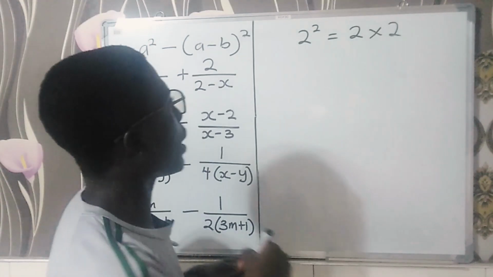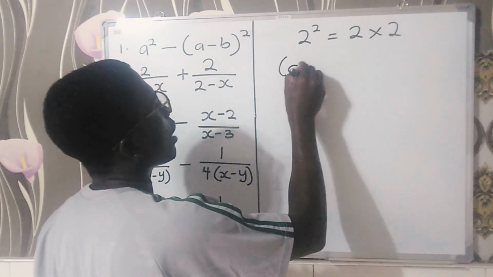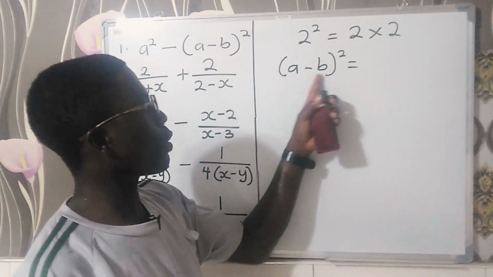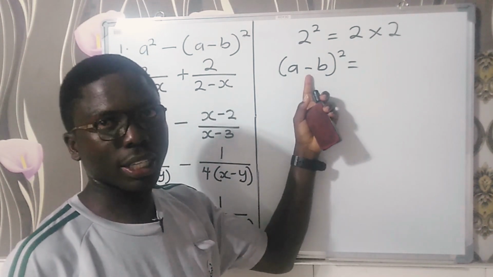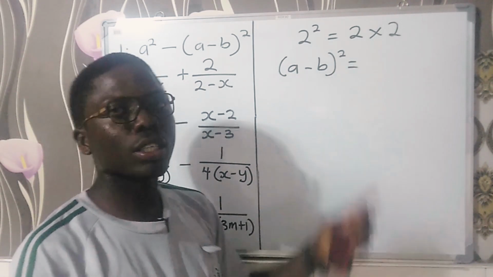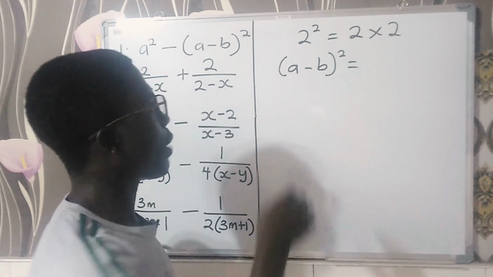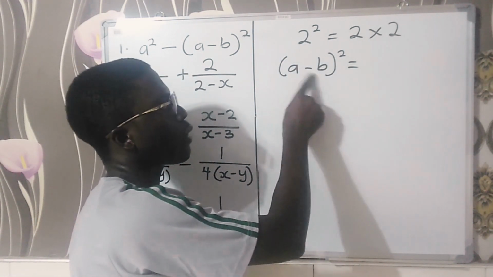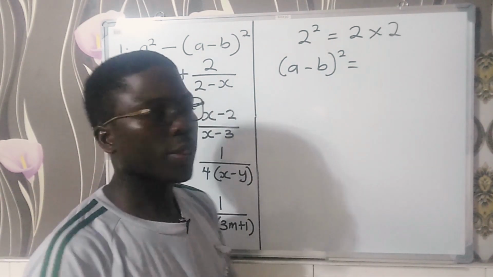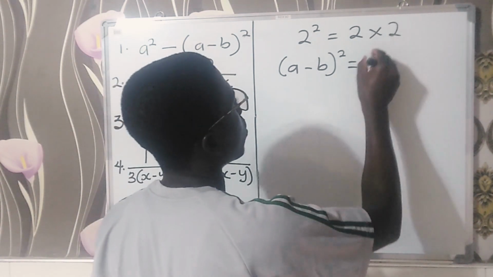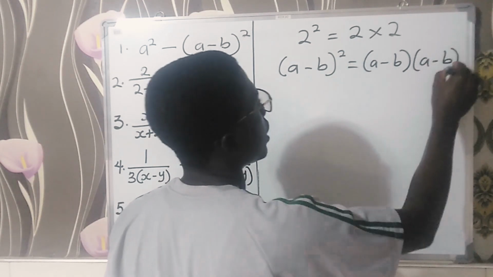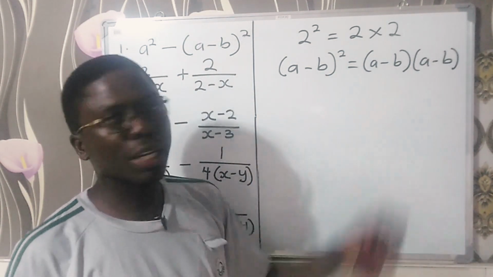So the same way, if I should have a minus b all square, since I cannot subtract those in the bracket, then I have to use this same principle by repeating this 2 times. So whenever you have something of this sort and you cannot subtract or add those in the bracket, then you repeat it twice. So this will then be expanded as what? A minus b and then another a minus b. And I hope you know how to expand this.